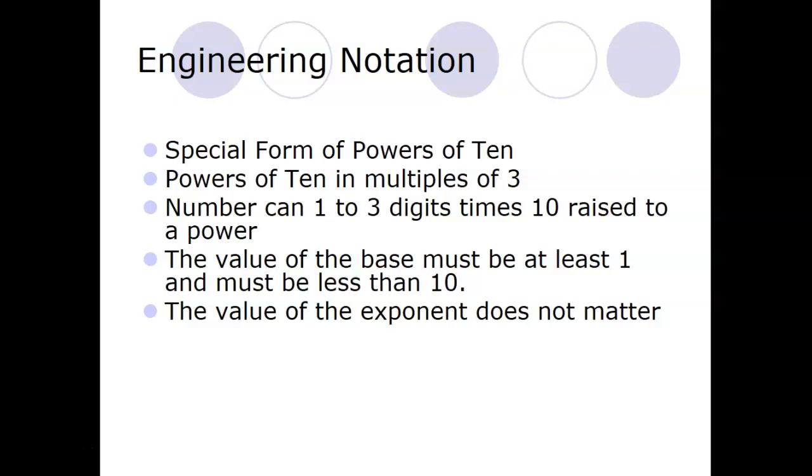Engineering moves in multiples of 3, which means that the number in front of the decimal falls between 1 and 999.